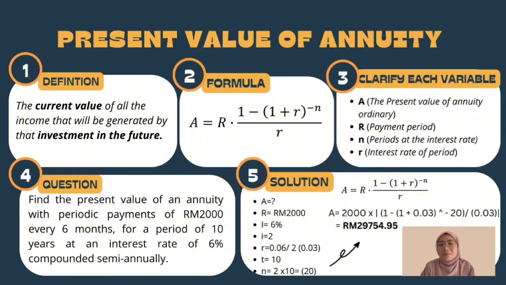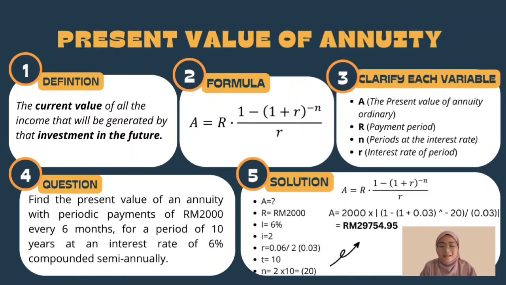After we know the meaning of present value of annuity, the formula, and the meanings of the terms in the formula, let's look at the example to see how we find the present value of annuity. The question is: find the present value of an annuity with periodic payments of 2,000 ringgit every 6 months for a period of 10 years at an interest rate of 6% compounded semi-annually. From this question, we need to clarify and write out all the information given.